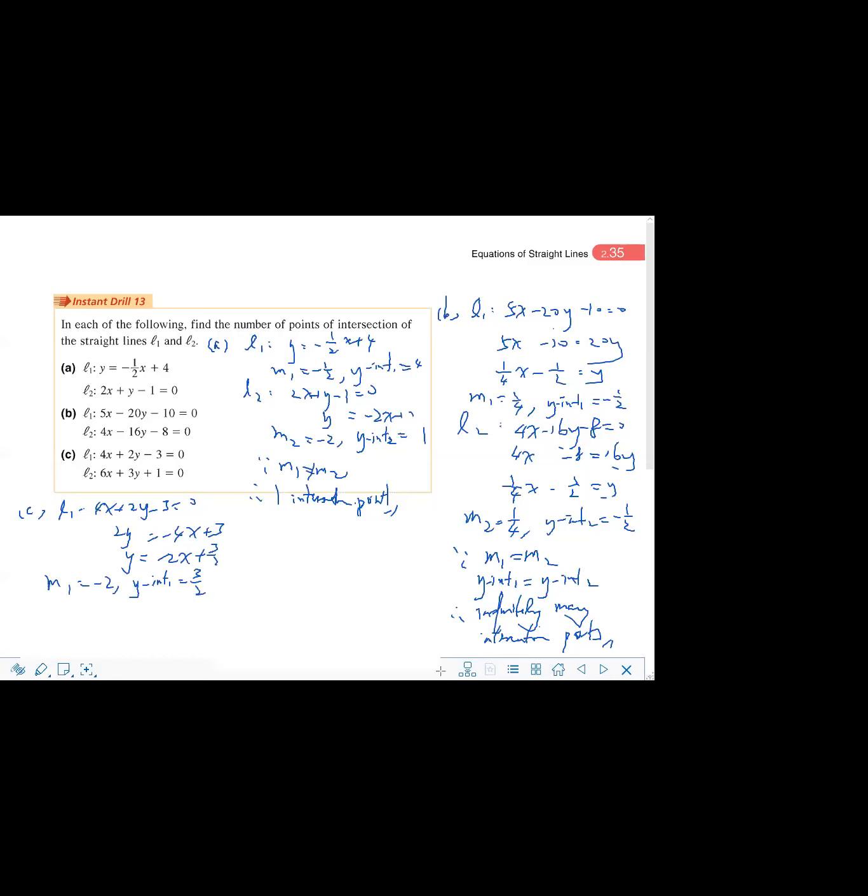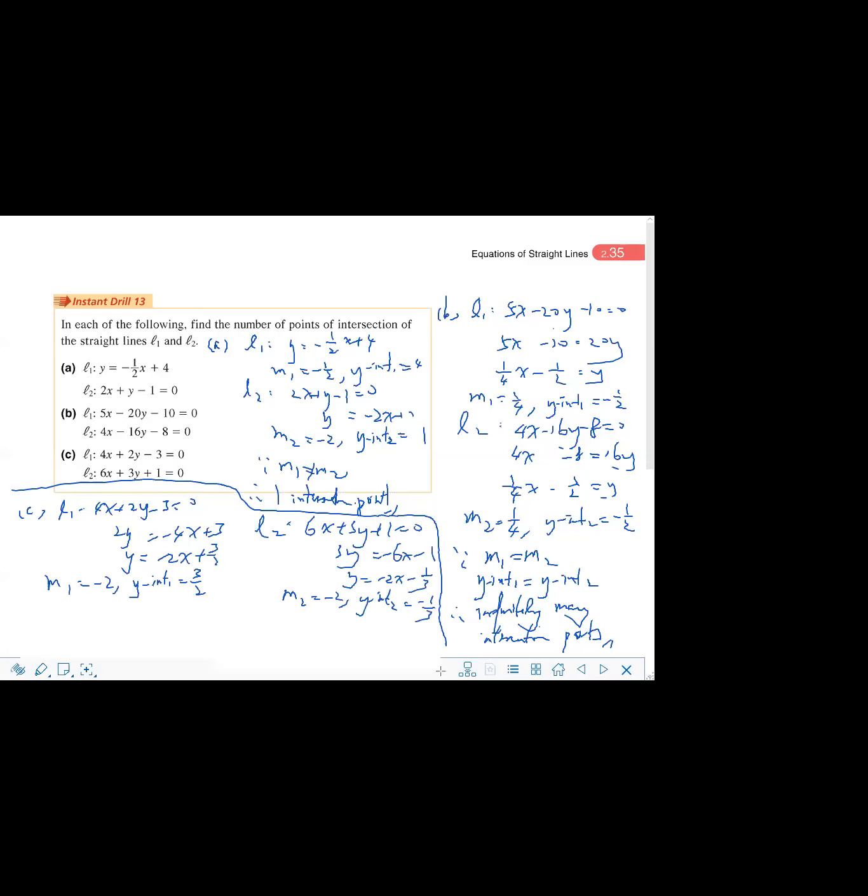And then for L2, 6x plus 3y plus 1 is equal to 0. Changing the subject to y, it will be negative 2x minus 1 over 3. So M2 is negative 2, and y-intercept 2 is negative 1 over 3.